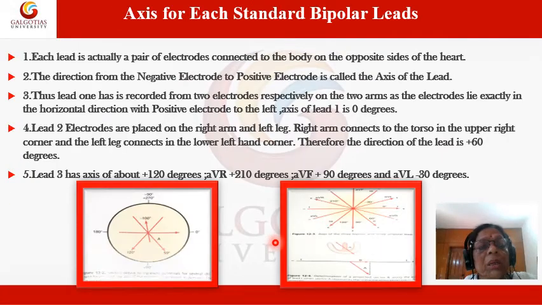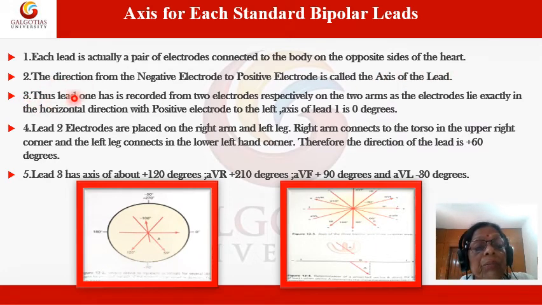Now let us come to axis for each standard bipolar leads. Each lead is actually a pair of electrodes connected to the body on the opposite sides of the heart. The direction from the negative electrode to positive electrode is called the axis of the lead.